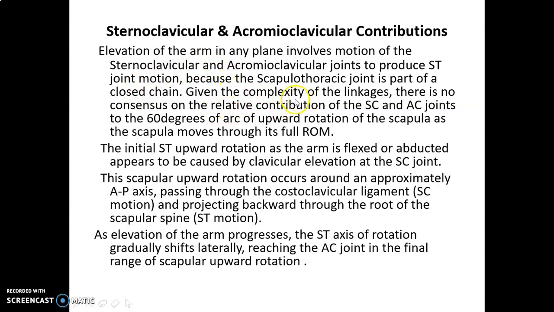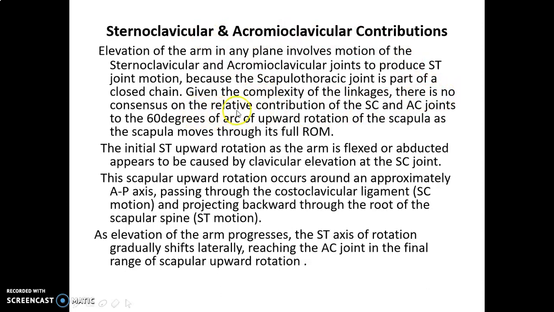Given the complexity of the linkages, we can call these chain linkages. So proximal is the sternoclavicular, then the acromioclavicular, then the scapulothoracic joint, then distal to that is the glenohumeral joint. After that you also have the other joints such as the elbow, and this goes on like that. So here it is a linkage.